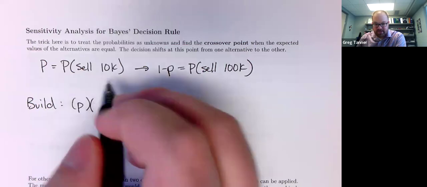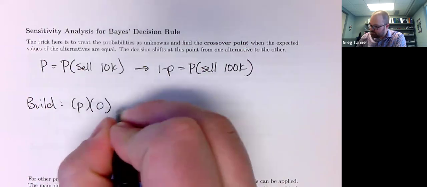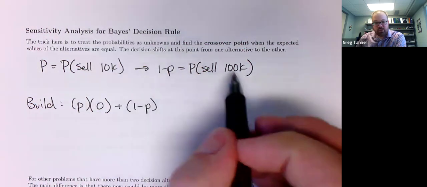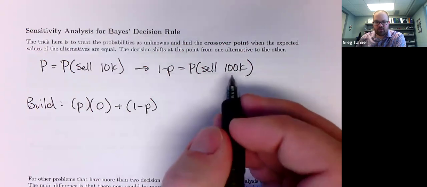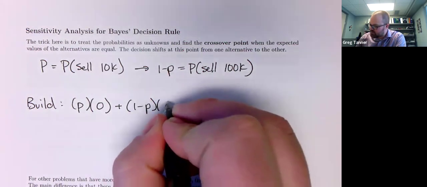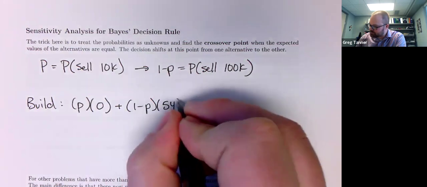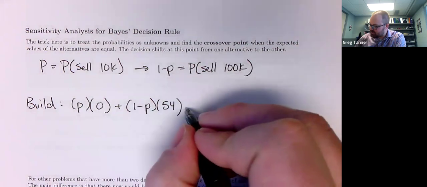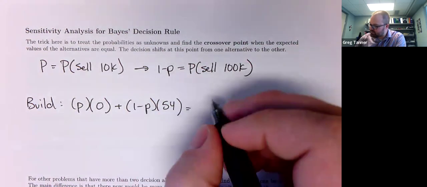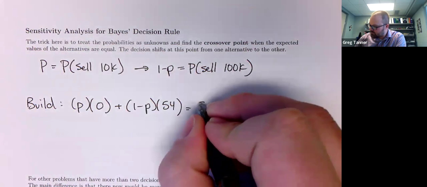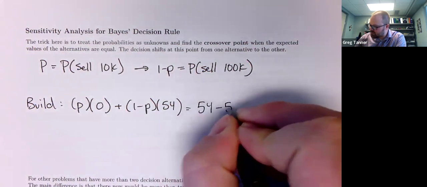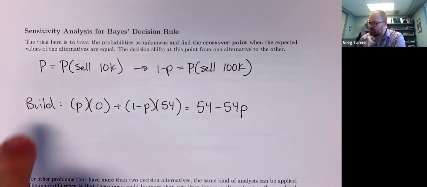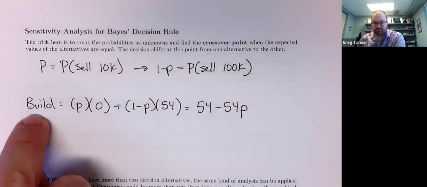If we only sell 10,000, we get a value of 0, plus 1 minus P times the payoff if we sell 100,000, and that's 54 million. 0 times P is 0, and so this ends up being 1 minus P times 54, or 54 minus 54P. That's the expected value if we choose the build alternative.